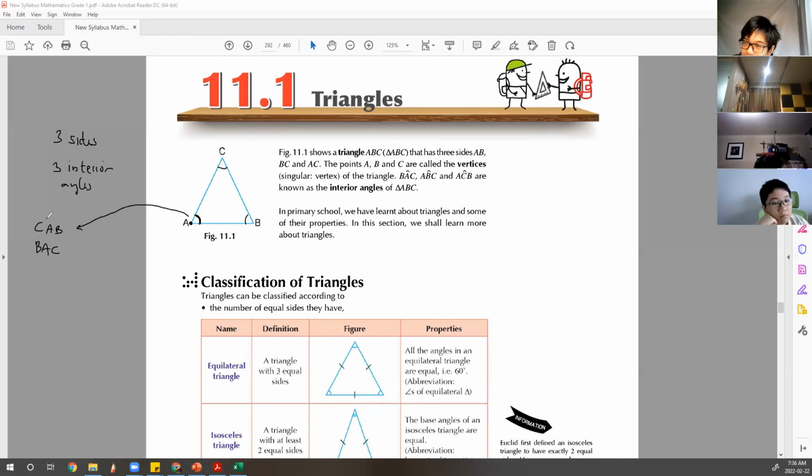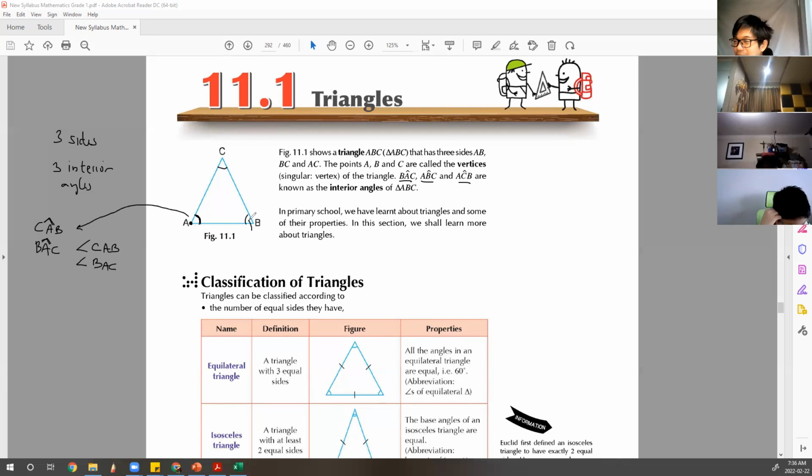A is always in the middle of the pair. Or you can write it with the angle symbol on top, angle CAB or angle BAC.